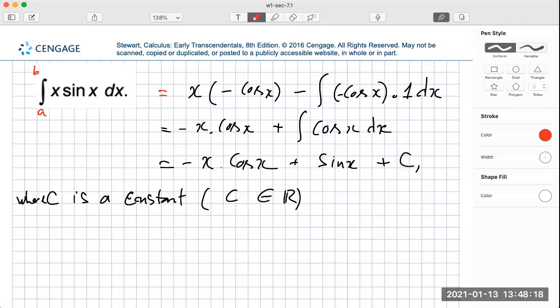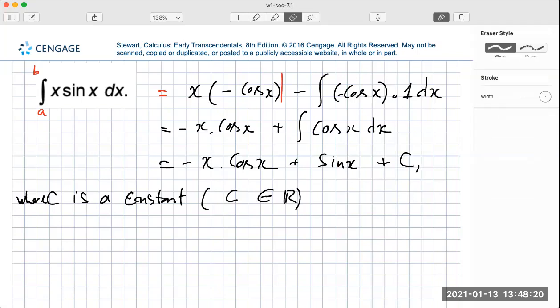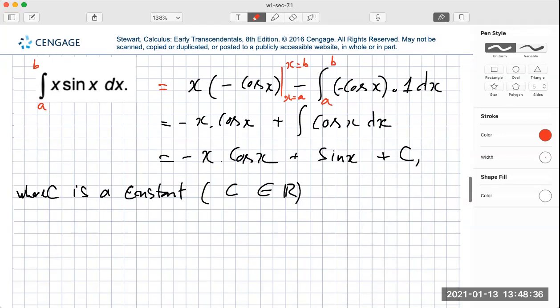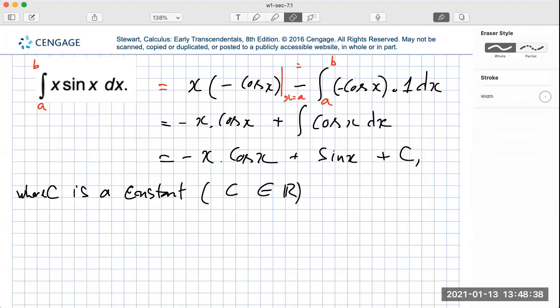Integral from x is equal to A to x is equal to B. Integral from the same interval from A to B, right? And here, let me just write it in new formulas because I don't want to confuse you.